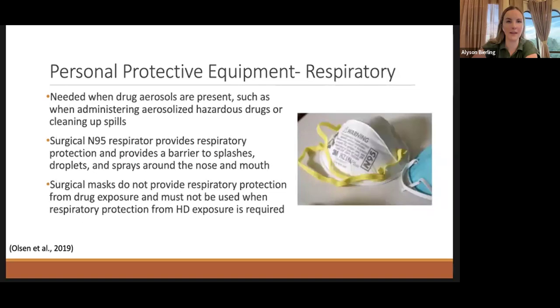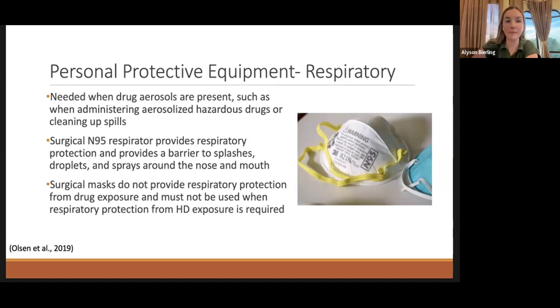Respiratory protection. In scenarios where drug aerosols might be present, such as when you're administering aerosolized hazardous drugs, which I don't imagine you'll be doing at this point in time, or when you're cleaning up a chemotherapy spill, respiratory protection is required.